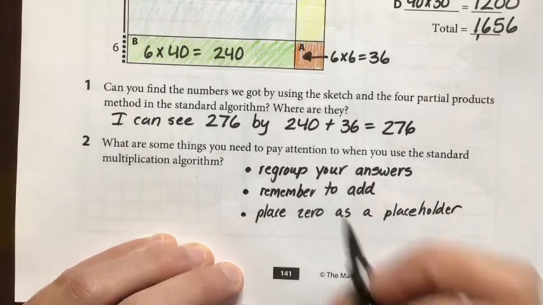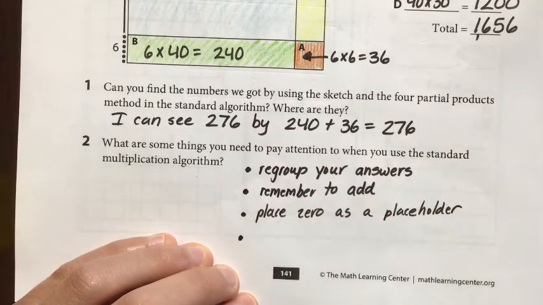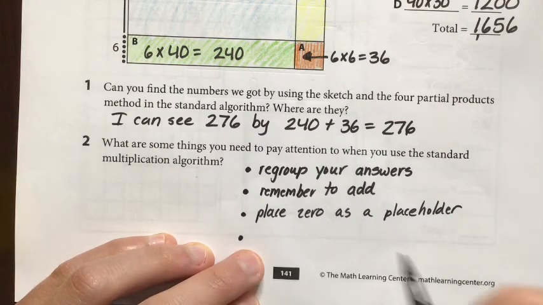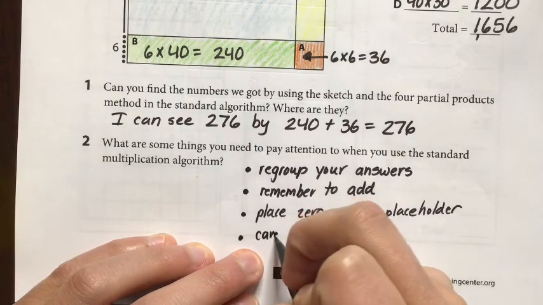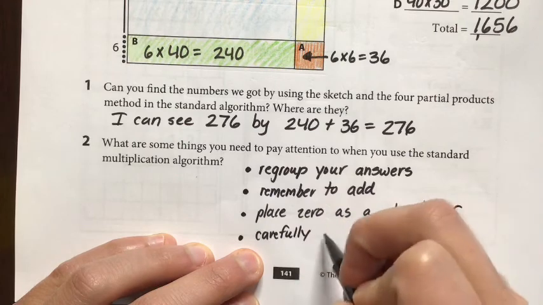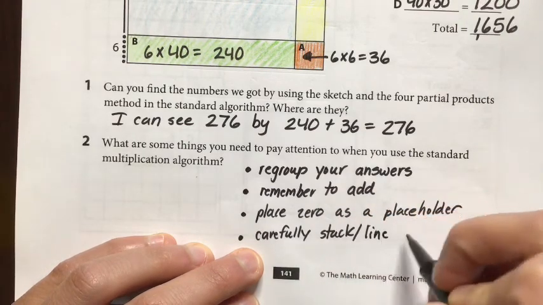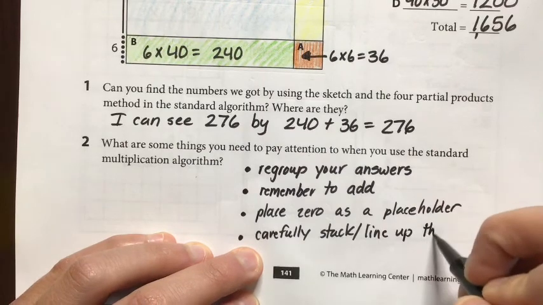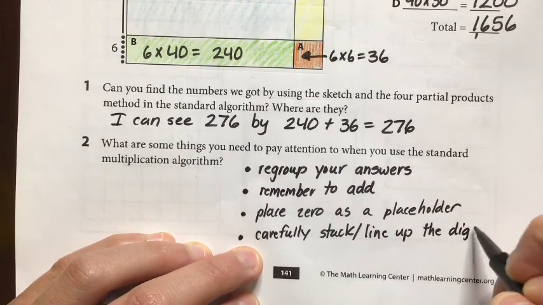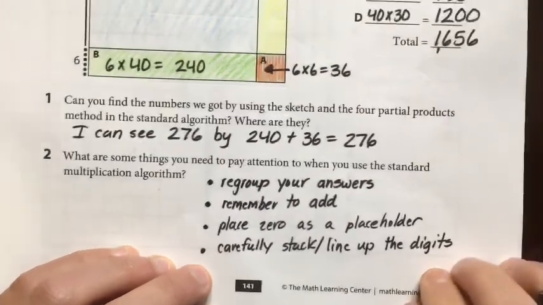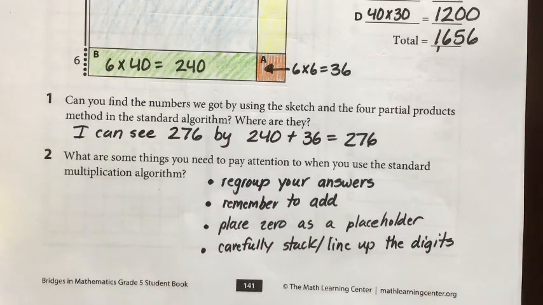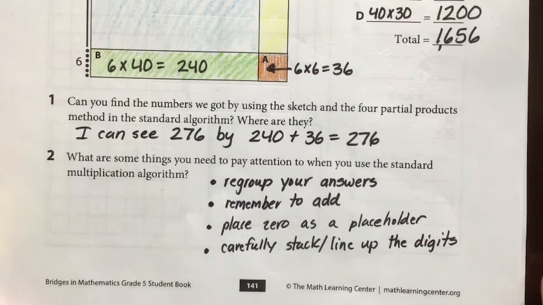And really also, this goes with whenever we're solving any type of math problems, it's so important that you carefully stack or line up the digits. That goes with also when we're adding and subtracting decimals. Remember, it's so important that you stack and add up your digits because you can make mistakes that way.